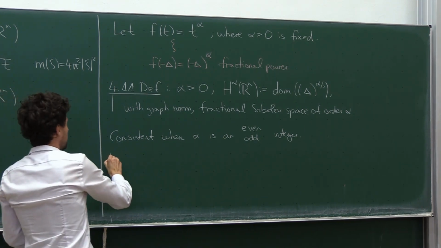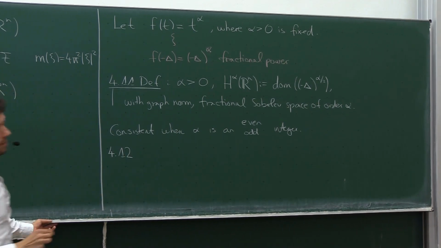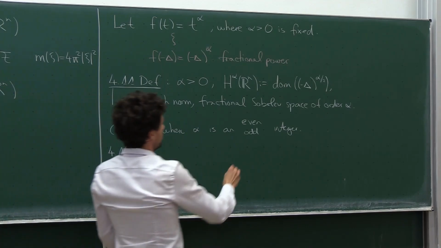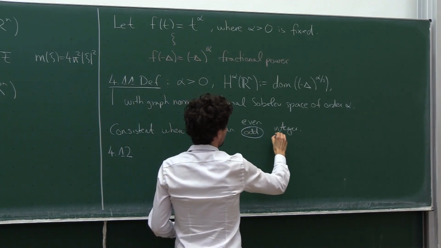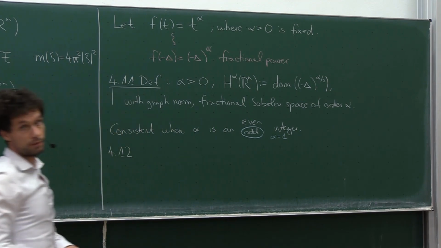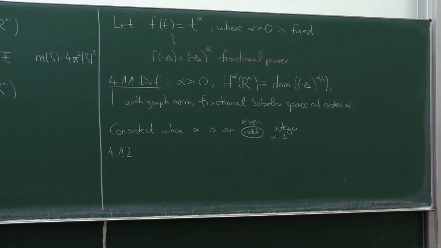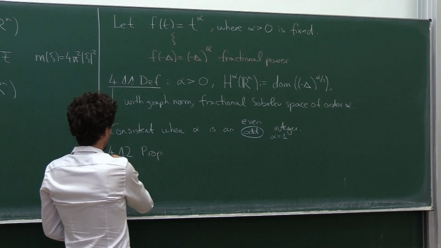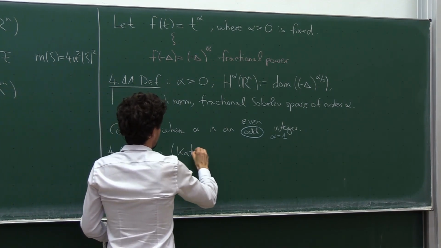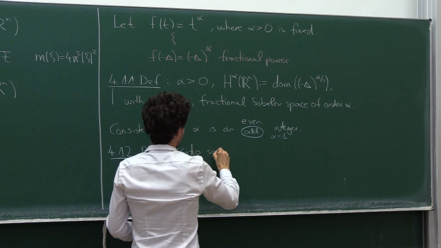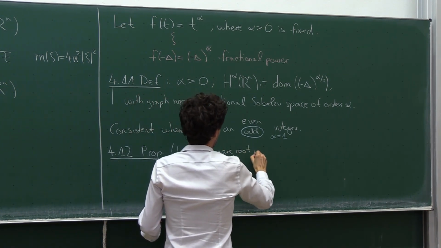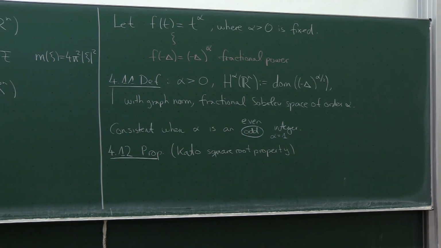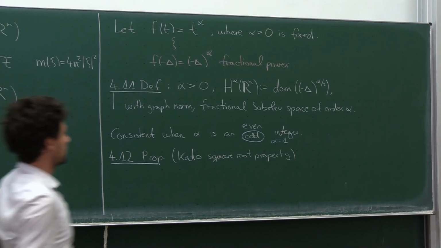Now, stupid as it sounds at first sight, the result that you get for the odd integer alpha equal to 1 is quite charming in a way, and I'm going to explain to you why. Okay, so the result that you get is called the Kato square root property, or just Kato property, for minus Delta.